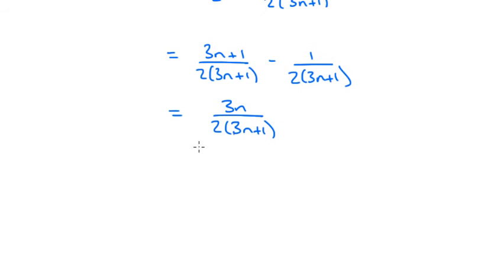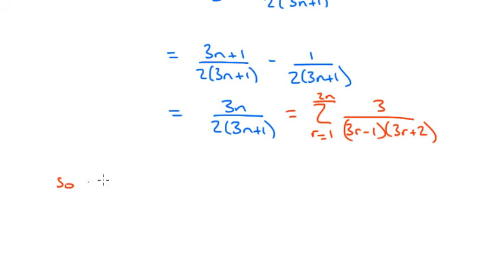So this is equal to the sum from 1 to 2n of 3 over 3r minus 1, 3r plus 2.